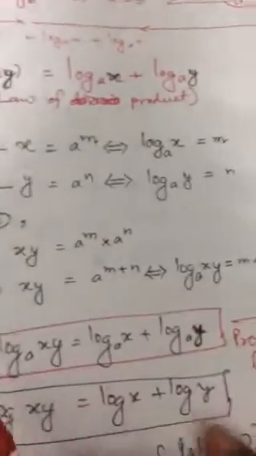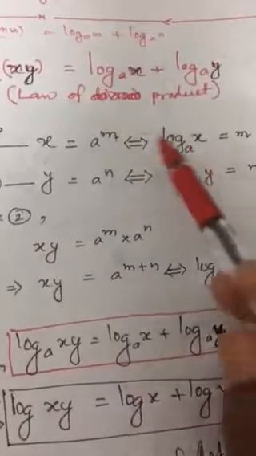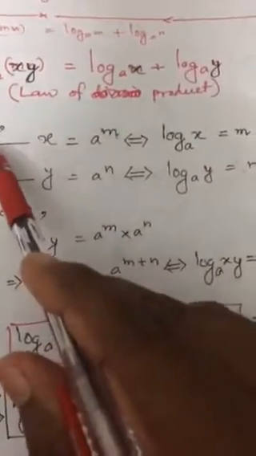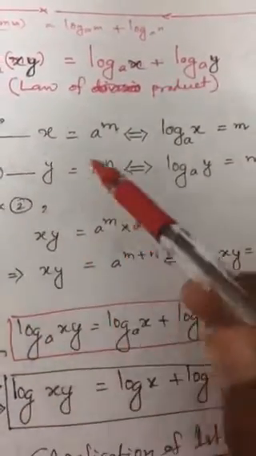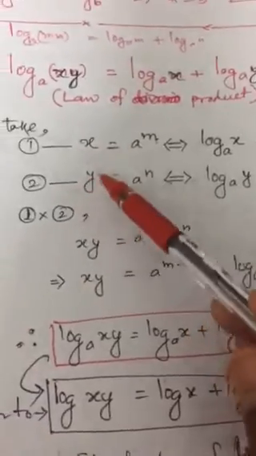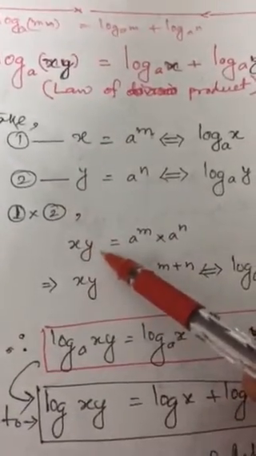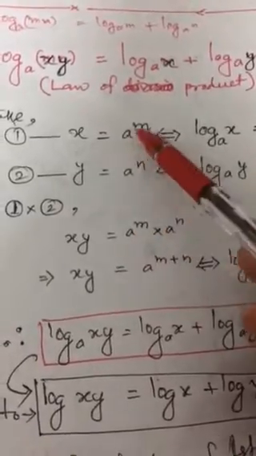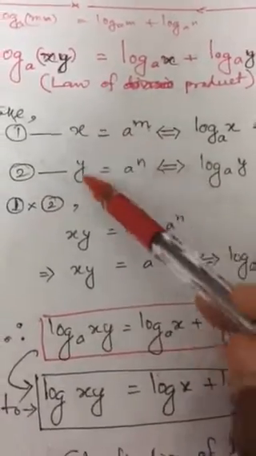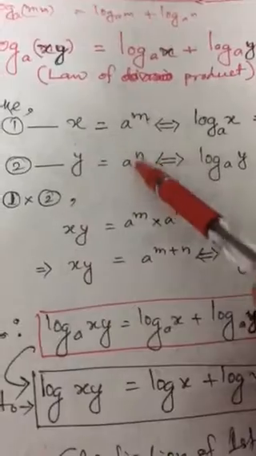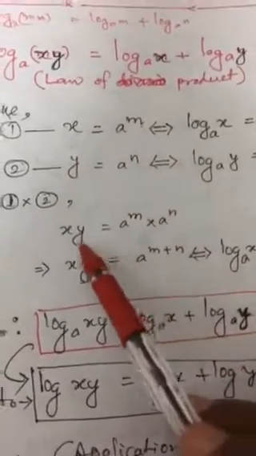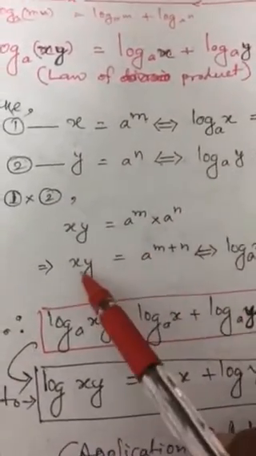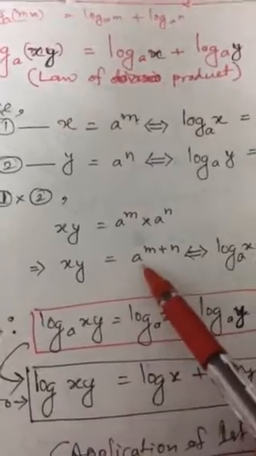What I have done is I have just multiplied these. I have taken this as 1, this as 2. If I multiply these two, then x and y will be multiplied together. LHS will be multiplied with LHS, RHS with RHS. So now this can be written xy equal to a.